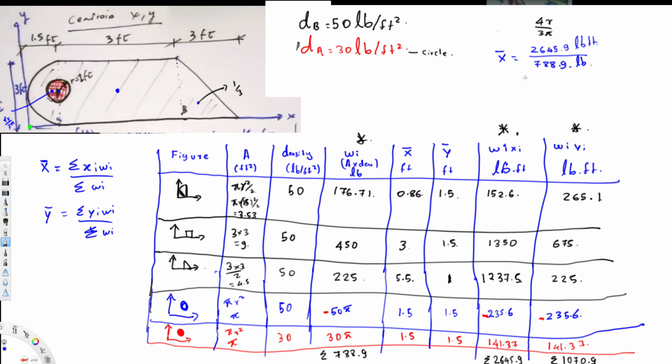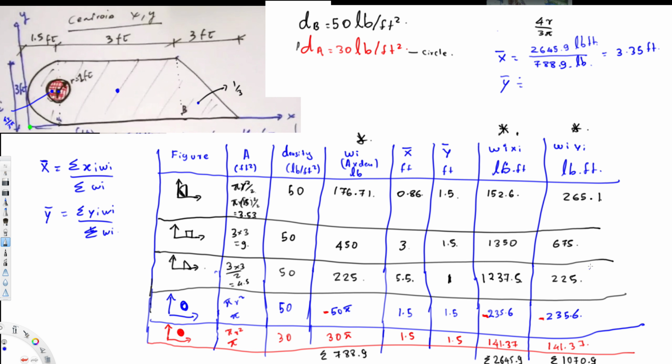If I divide both of them, I will get 3.35 feet.